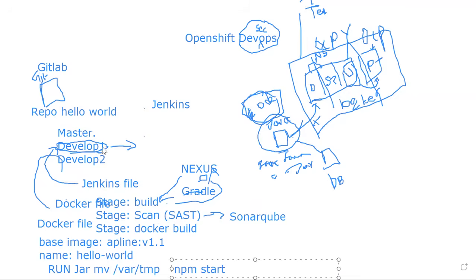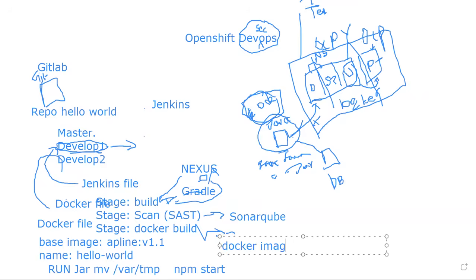Once the scanning stage is completed, the Docker build stage will come. What will the Docker build stage do? It will not create a container, it will create an image, a Docker image. How is it created?